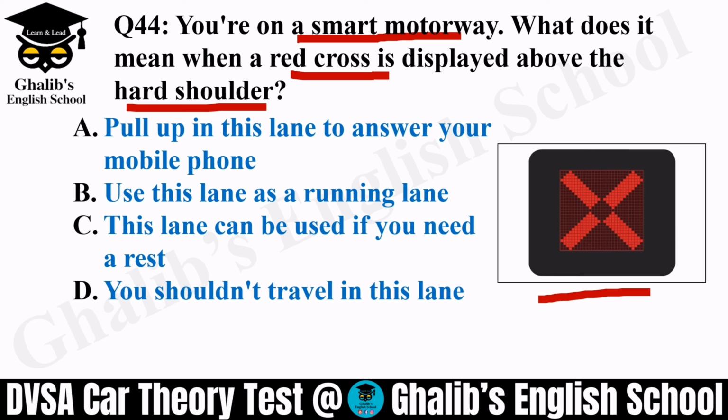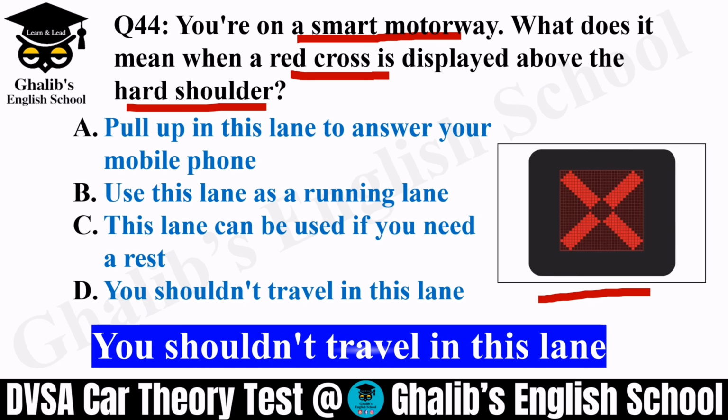Pull up in this lane to answer your mobile phone. Use this lane as a running lane. This lane can be used if you need a rest. You shouldn't travel in this lane. The correct option is if there is a cross displayed on the hard shoulder on smart motorways, it means you shouldn't travel in this lane.